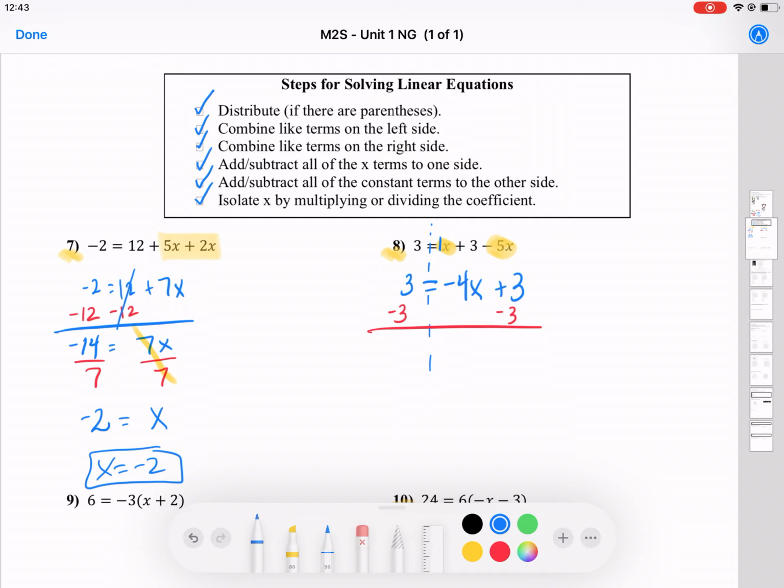So I get 3 minus 3 is 0. Now there's nothing else on this side, so this is the one time you will write 0. Equals negative 4x, and then we don't write it on this side since we already have the negative 4x. And then I'll divide by negative 4 to get rid of that. And you get 0 divided by negative 4 is 0, so 0 is equal to x. Often we rewrite it the other way where the x is on the left side, so x equals 0.